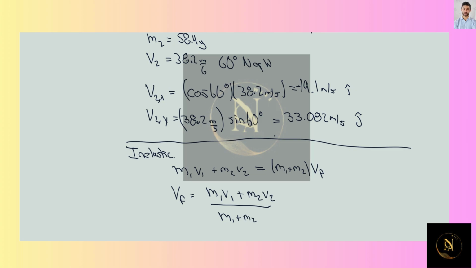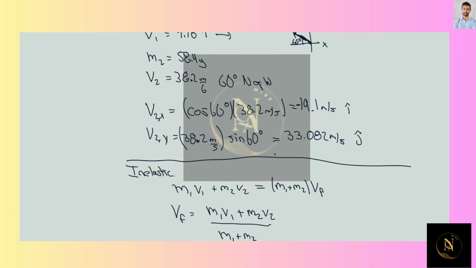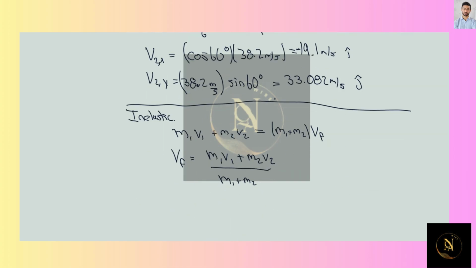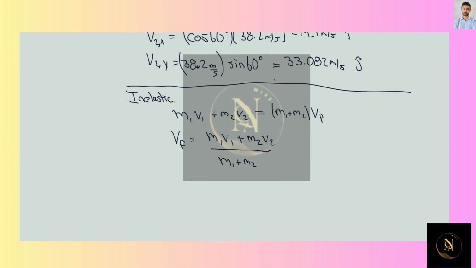But in this case, since we're going to have a two-dimensional motion, due to the arrow being at an angle, we need to do this for the x component and also for the y component, plus m2 v2y divided by m1 plus m2. So over here, we just need to substitute the values.